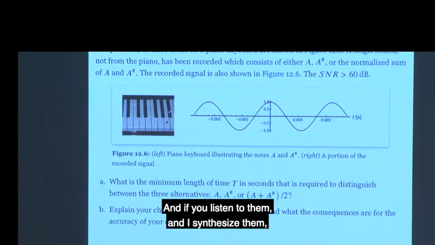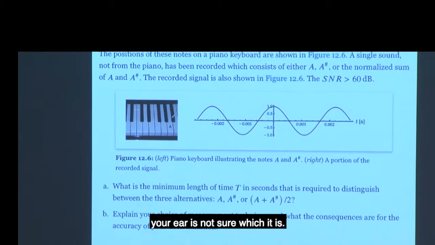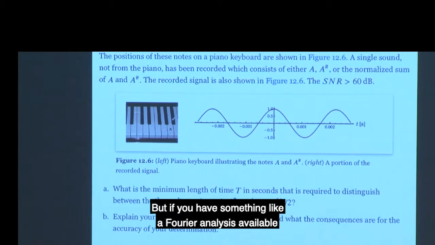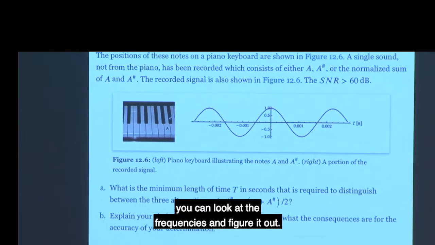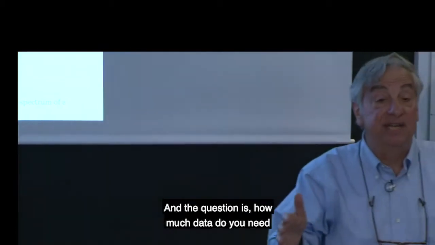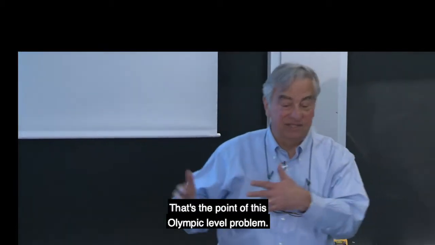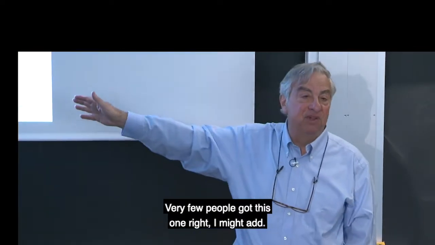And if you listen to them, and I synthesize them, they're not here in this thing, your ear is not sure which it is. But if you have something like a Fourier analysis available, you can look at the frequencies and figure it out. But there's a certain amount of data you need, a minimum amount of data. And the question is, how much data do you need to get the right answer? That's the point of this Olympic level problem. Very few people got this one right, I might add.